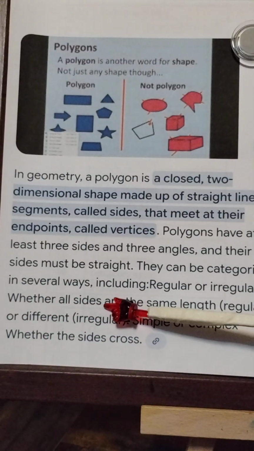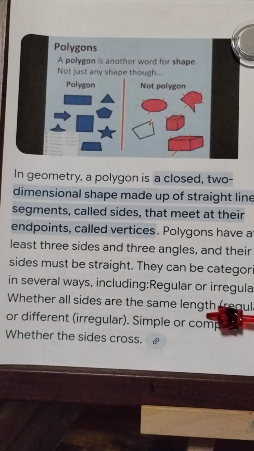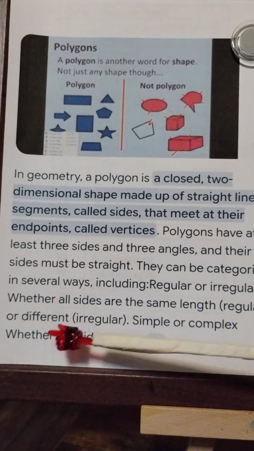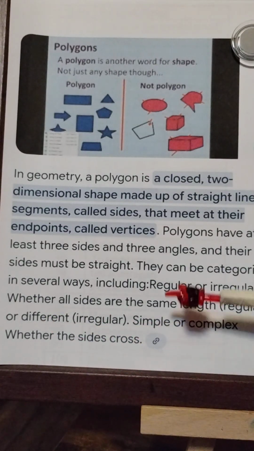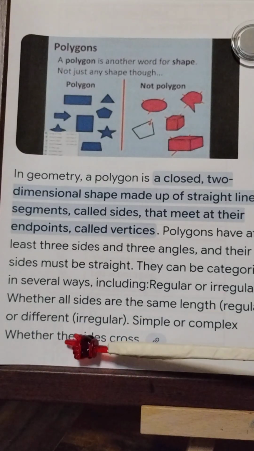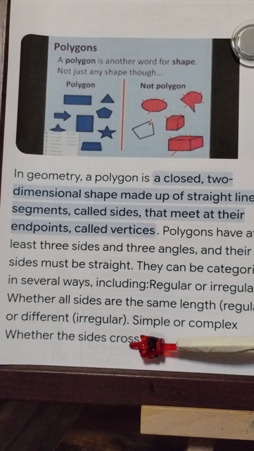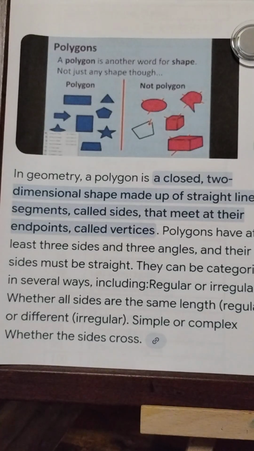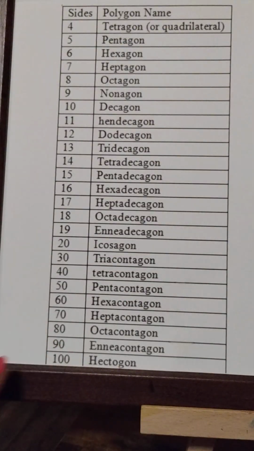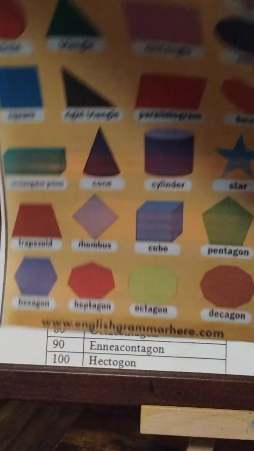Whether all sides are the same length, regular, or different, irregular, simple or complex, whether the sides cross. So this is just the introduction into polygons, seeing as I already start talking about it from your shapes.